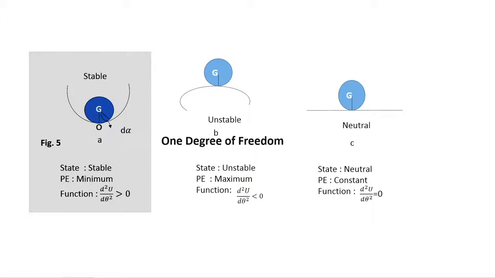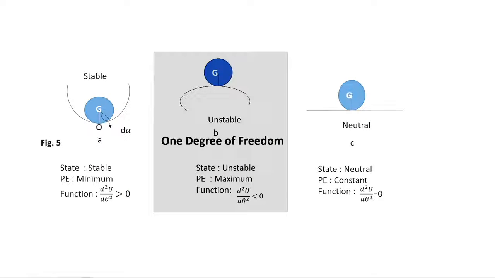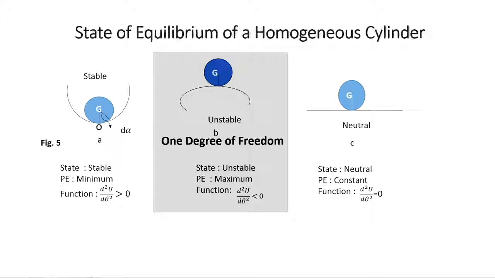Now if you go to figure B, it is an unstable case, because it is the state of equilibrium of a homogeneous cylinder. In case B, the state is unstable, and in that case the potential energy is maximum and d square U by d theta square is less than 0.